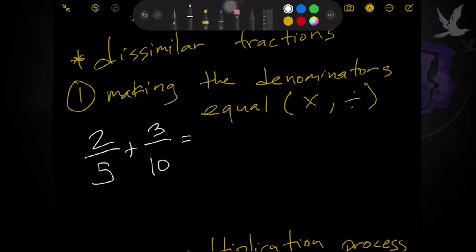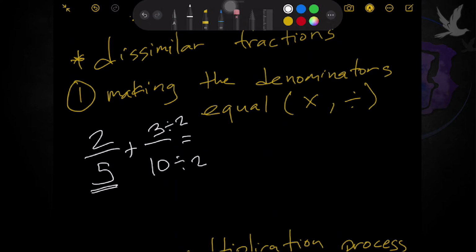And if you notice that 5 can become 10 in terms of multiplication. 10 can also be 5 in terms of division. If you're going to divide 10 by 2, it is equivalent to 5, right? But you cannot divide 3 by 2 because you will end up with a decimal.